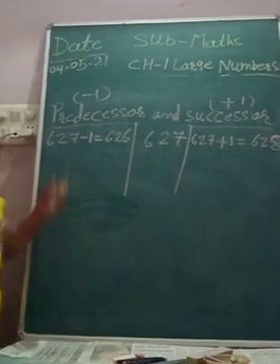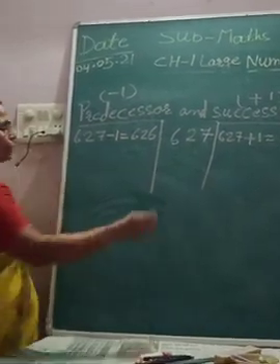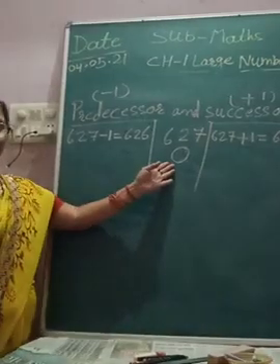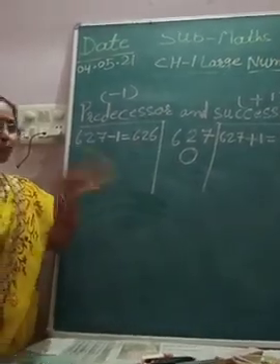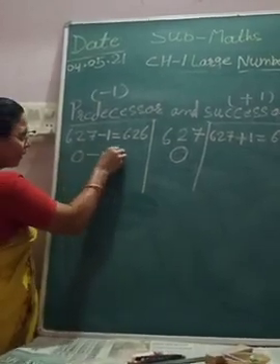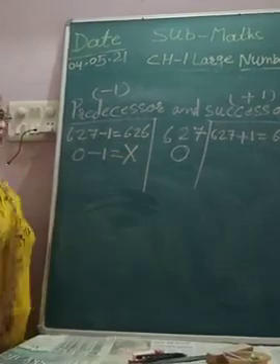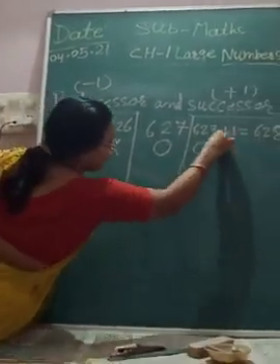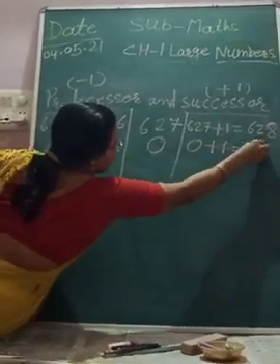But just one thing, keep it in your mind. If you have 0, can you subtract 1 from 0? No. So there will not be any predecessor for 0. But for the successor, you can find it.